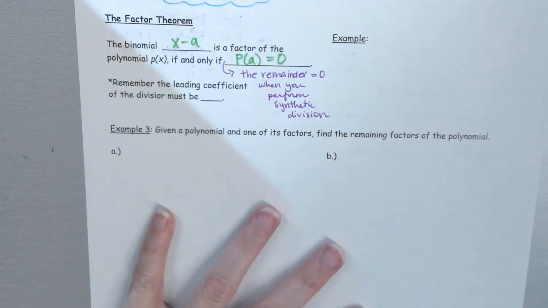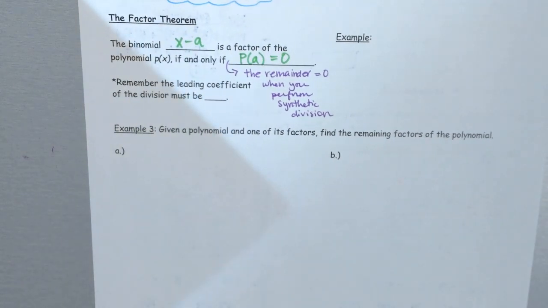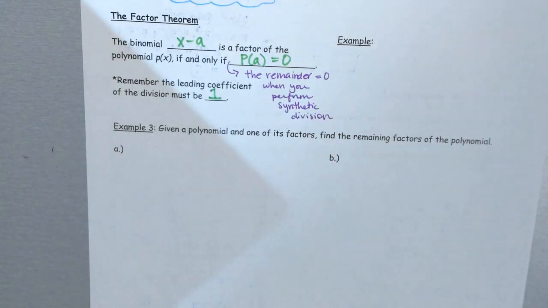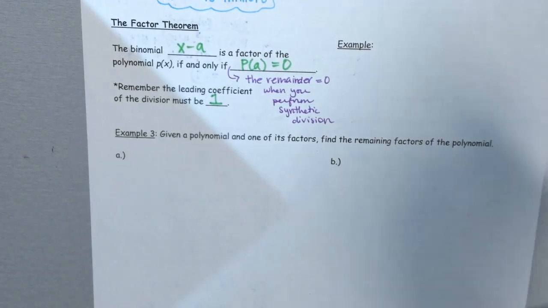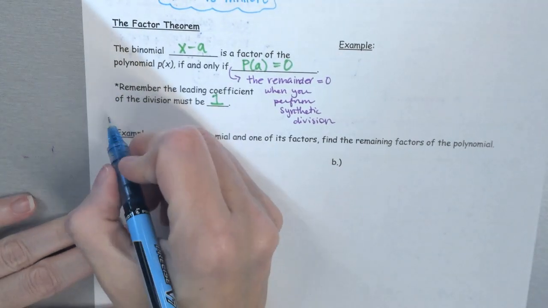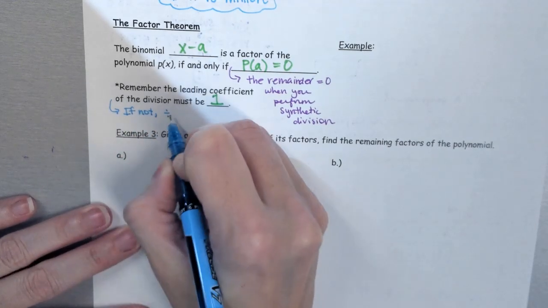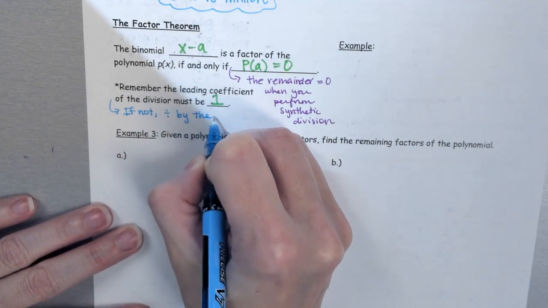Okay, and just like we did before, we have to remember the leading coefficient of our divisor has to be 1. If it's not, that's when you can divide. You have to divide by the leading coefficient.